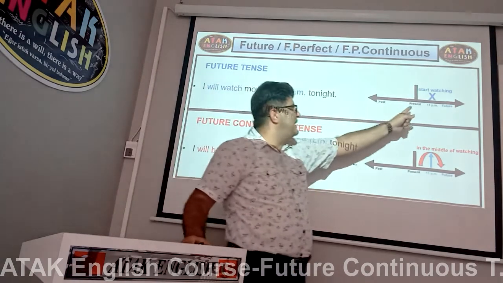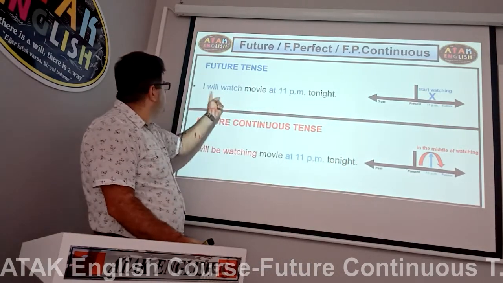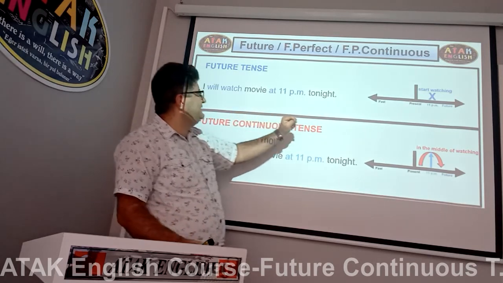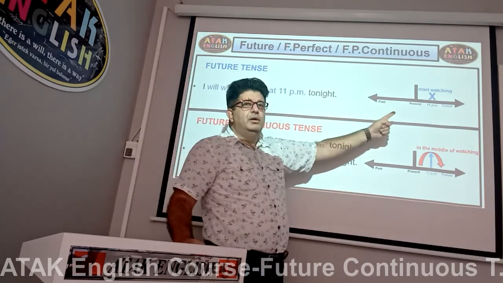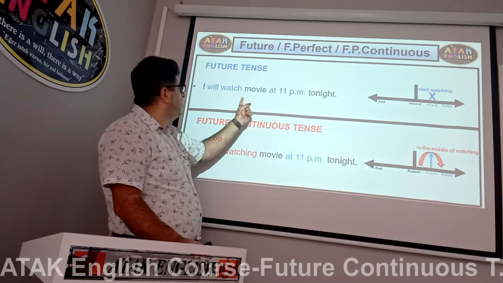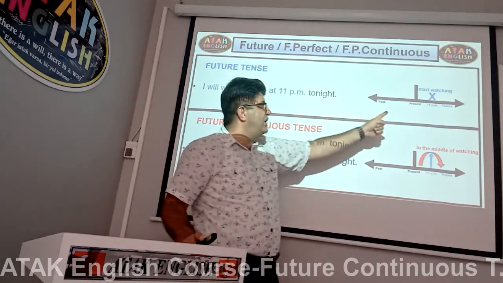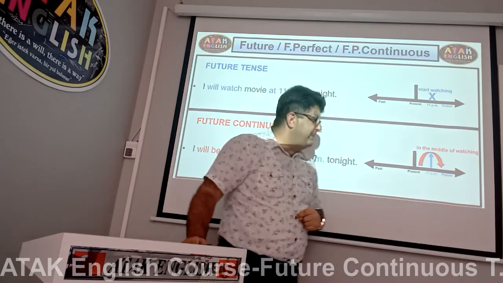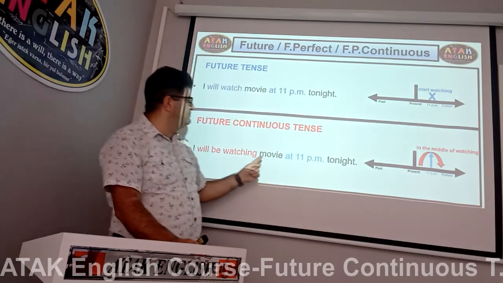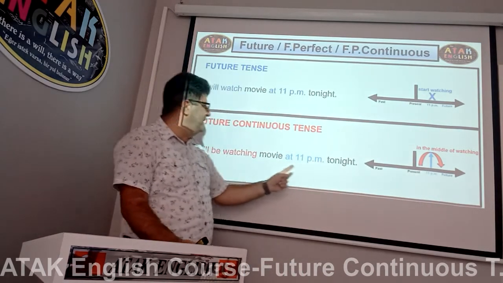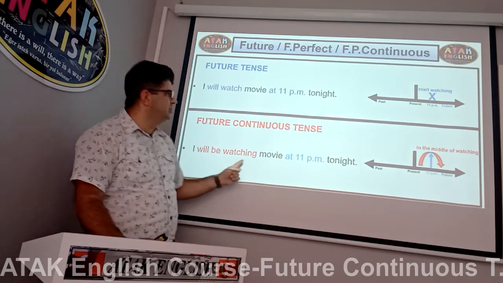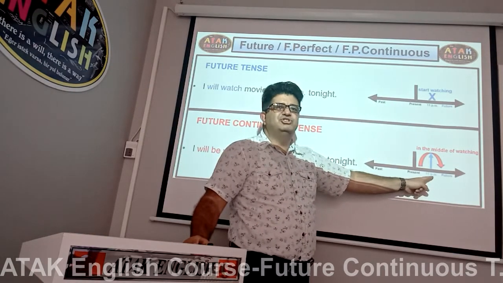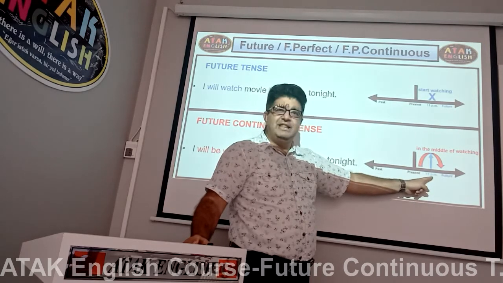At a specific time, what will you do at 11 p.m.? That means I will watch a movie at 11 p.m., meaning I'll start watching at 11 p.m. But here, I'll be watching a movie at 11 p.m. If I use it with future continuous, then that doesn't mean that I will start watching a movie at 11.